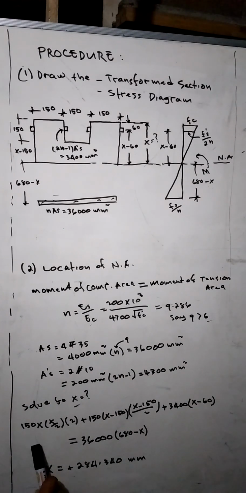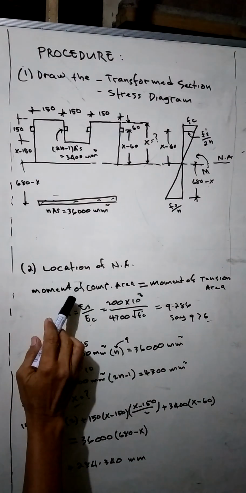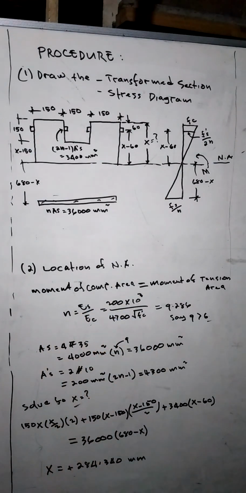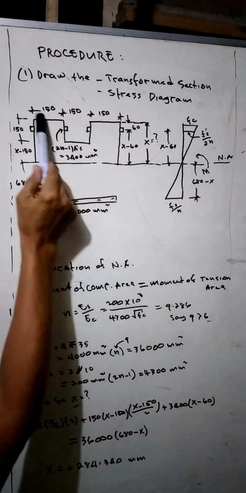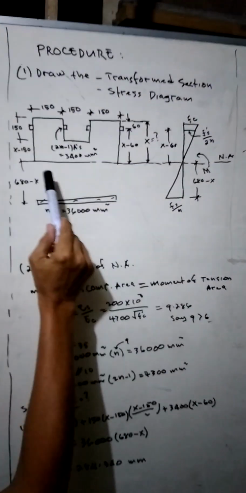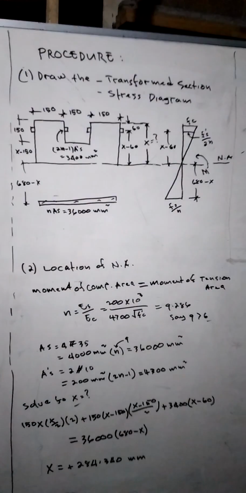This is the equation. So, to solve the x, moment of compression area is equal to the moment of tension area. This one is the tension area, compression area, and this is the tension area.